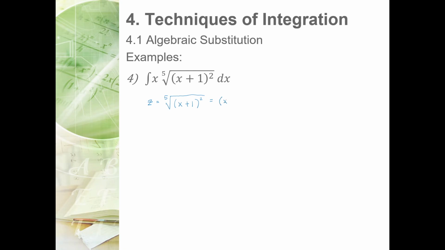So this would give us x plus 1 raised to 2/5. It's 2/5 because the squared is the numerator, and the index of the radical expression will be the denominator. So again, multiplying by 5 over 2, of course, for us to eliminate the radical expression, this would give us z to the power of 5 over 2 is equal to x plus 1.